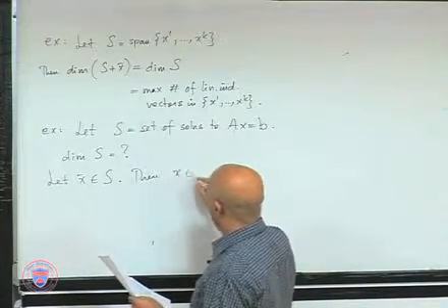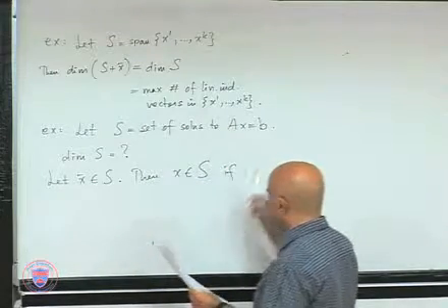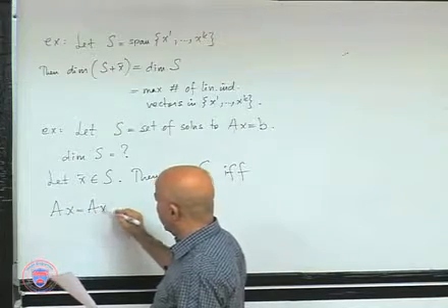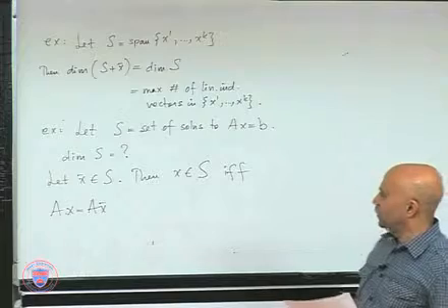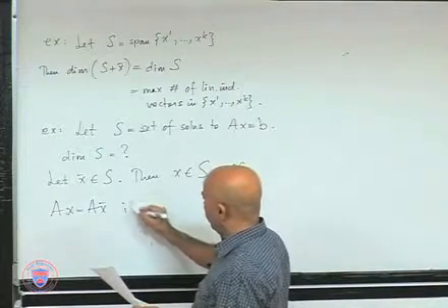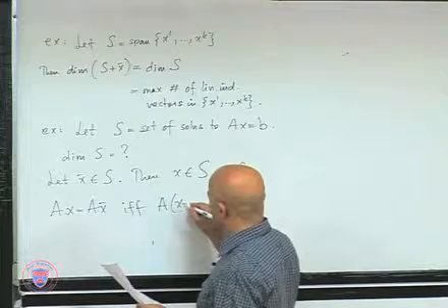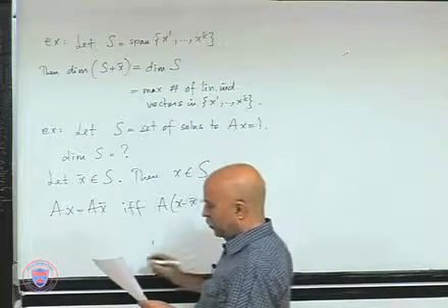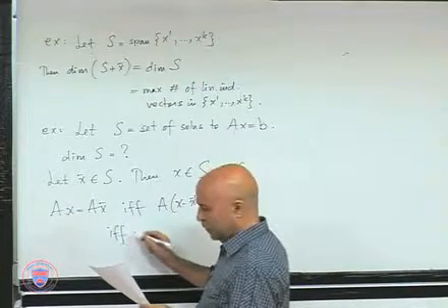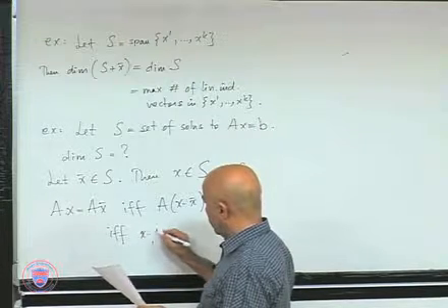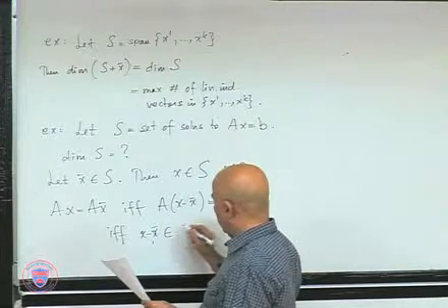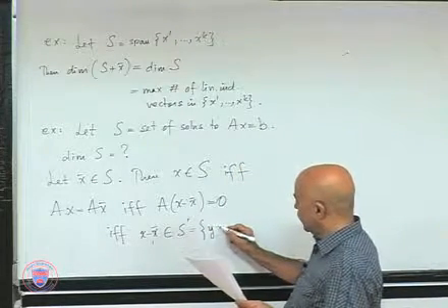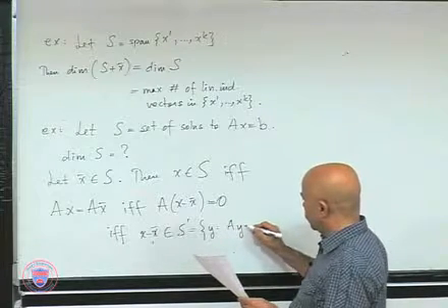Then a point x is in S if and only if Ax equals A x bar, because A x bar equals b, which is true if and only if A times x minus x bar is equal to 0, which is true if and only if x minus x bar is in the set S prime, which is the set of solutions to Ay equals 0.